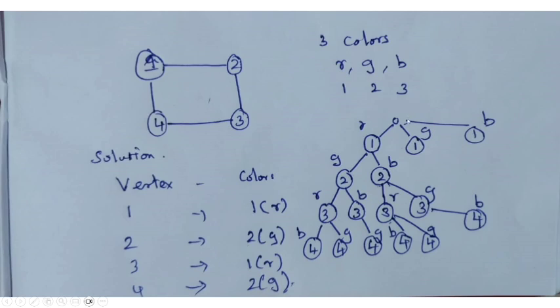From here we are going from the first row, first graph, we are checking green or blue, and then we have red. And for green we can go this way also, and also this way also. We choose this one because this is the minimum number of colors we have used for the graph, so this will be the optimum solution for this graph.